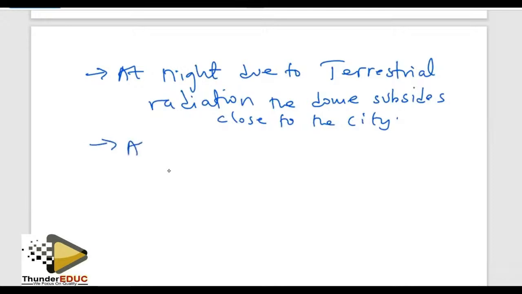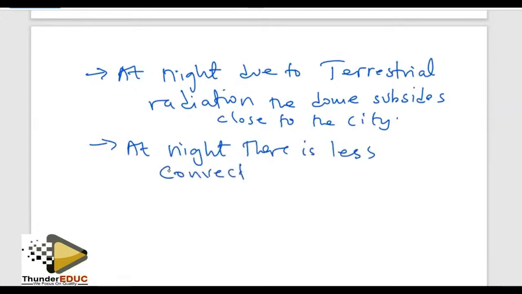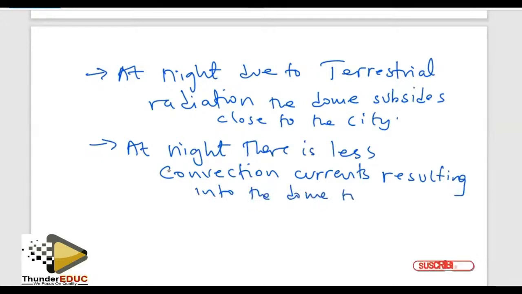Secondly, at night, there is less convection currents, resulting into the dome moving close to the city.